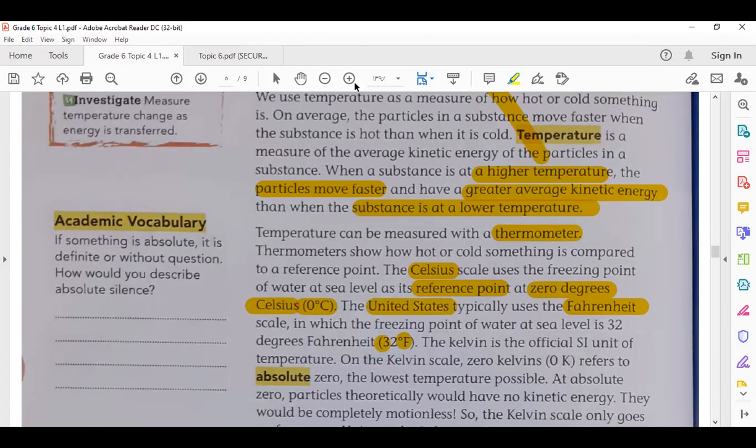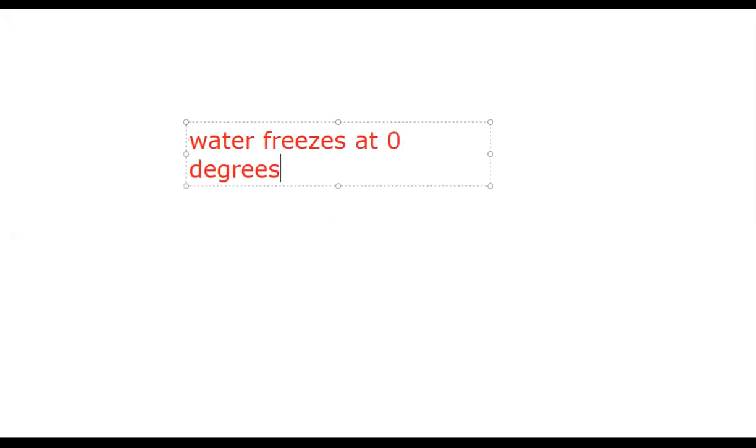Please listen to me. I want to tell you something very important. If I say that water freezes at 0 degrees Fahrenheit, is this correct?